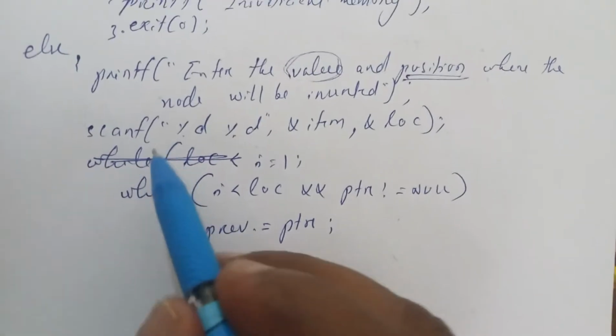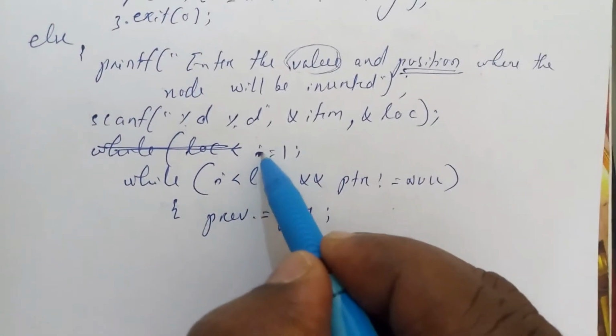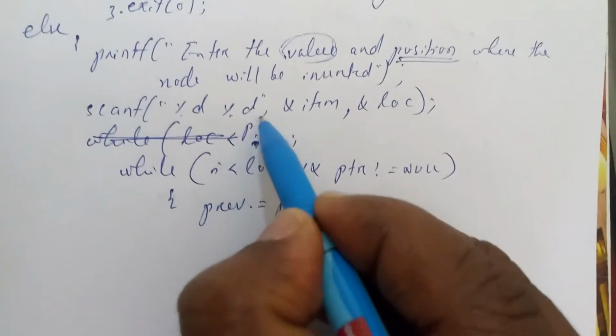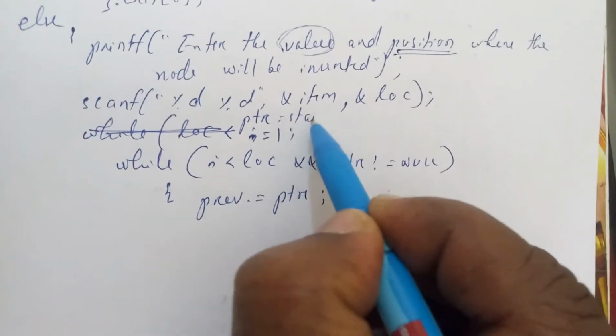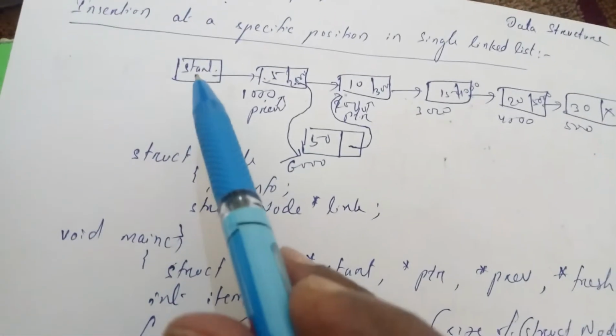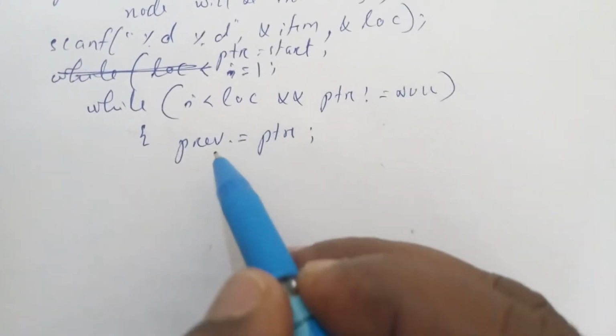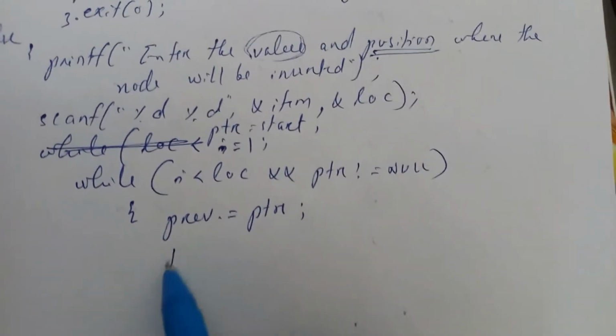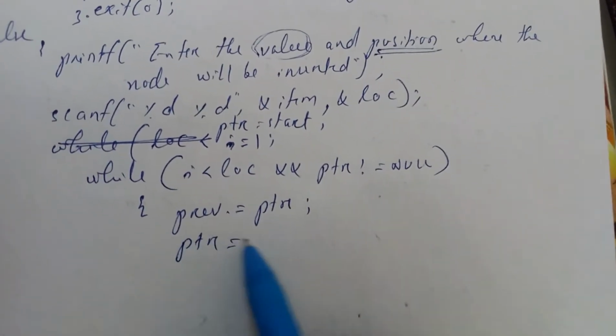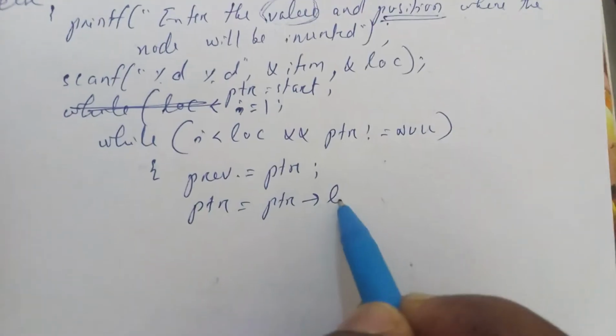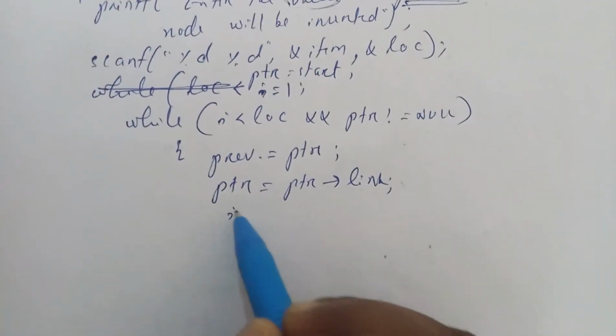Before that I have missed one thing: we have to initialize i by 1 and ptr equals to start. ptr will contain the address of the starting node first. Then if this condition is satisfied, previous equals to ptr and ptr equals to ptr link and i++.